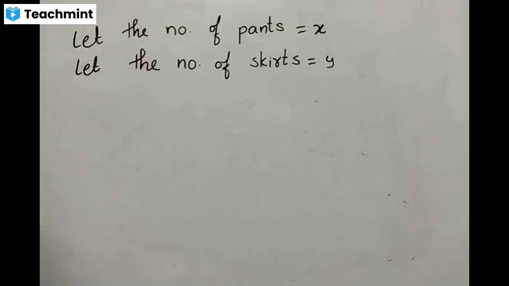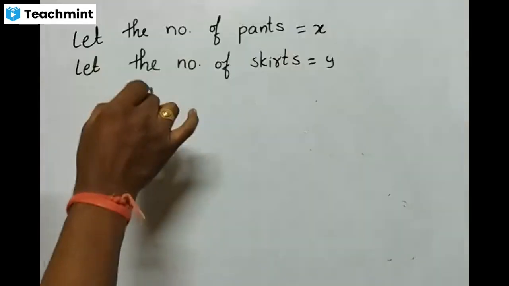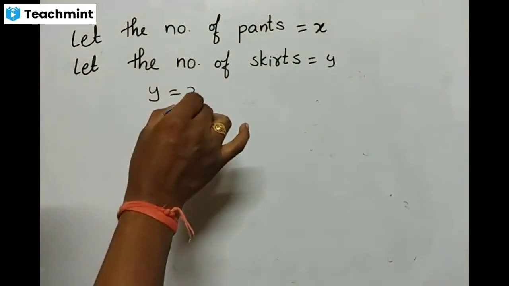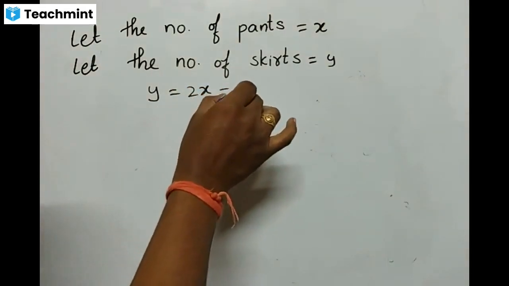When her friend asked her how many of each she had bought, she answered: the number of skirts is two less than twice the number of pants purchased. Twice the number of pants means 2x, minus 2.